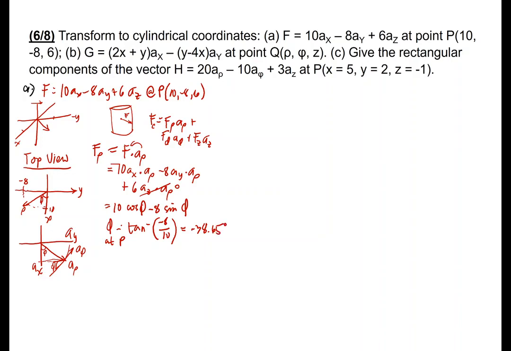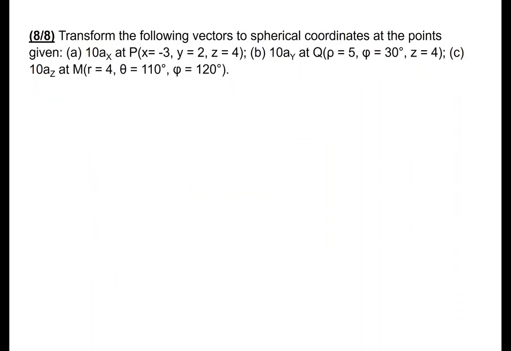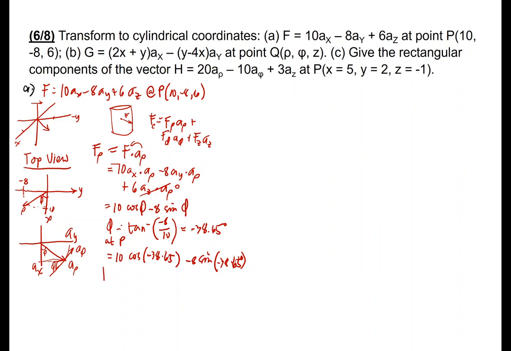Okay, so therefore Fρ is equal to 10 cosine of negative 38.65 minus 8 sine negative 38.65 degrees. Okay, so the answer here for the Fρ is equal to 12.81. So this is the value for the magnitude of your rho.